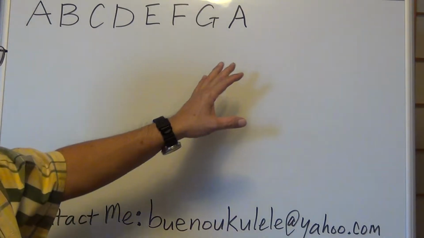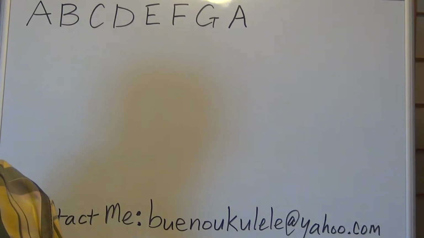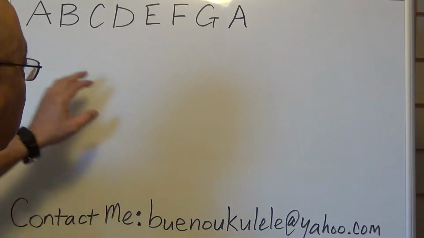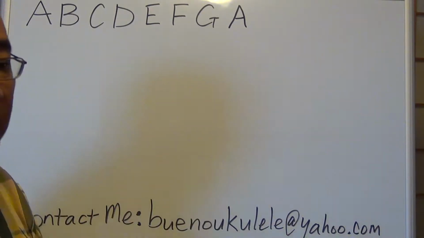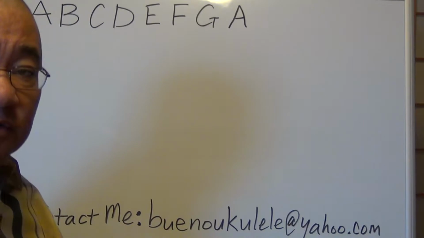This happens to be the key of A, but it's also our example to show you that music follows an alphabetical system. It moves that way. So when you're writing it out, or if you're locating a note or chord, you have to keep in mind that it follows an alphabetical system.